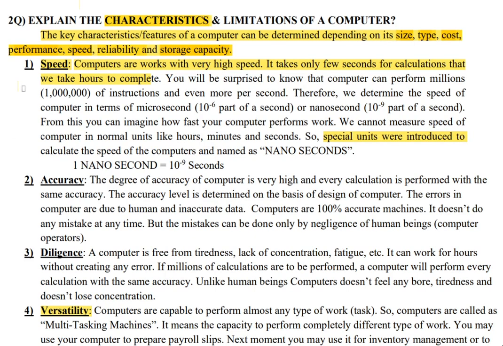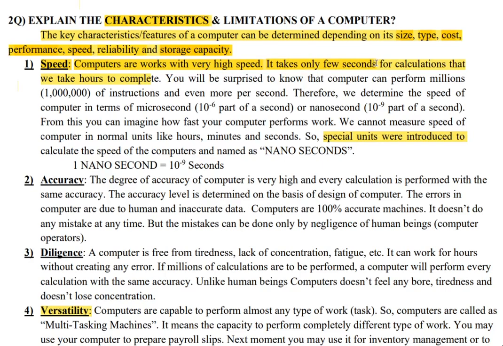The first characteristic of a computer: speed. The computer works at very high speed, calculations are very high speed. You can't imagine, within a fraction of a second it executes the human instructions.